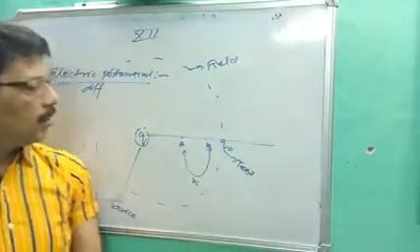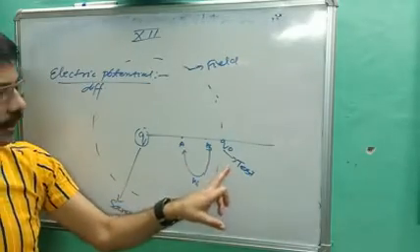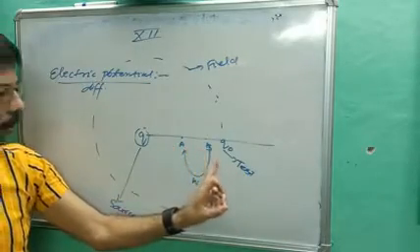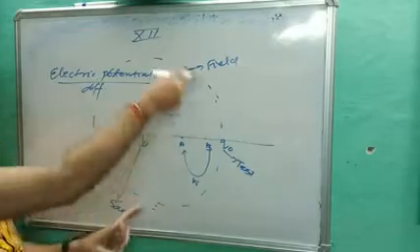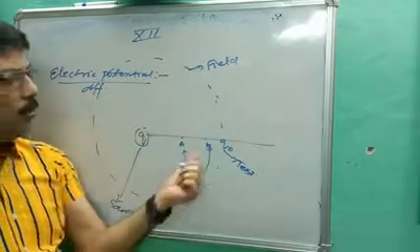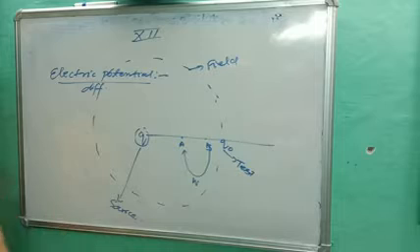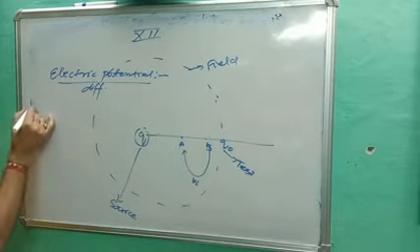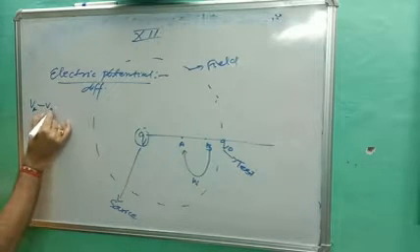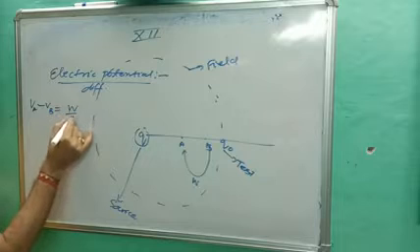The formula is VA minus VB is equal to W upon Q0.